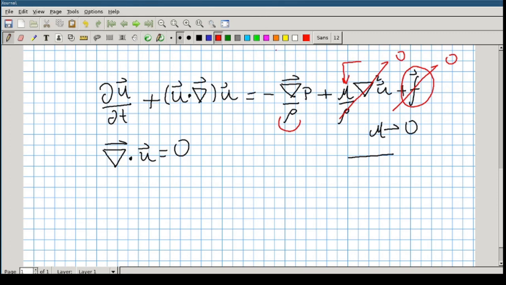One of the particularities of the Euler equation is that it does not say that the velocity is 0 at the boundaries. What it says is that the flow normal to the boundaries is 0. So you cannot have flow through the boundaries.